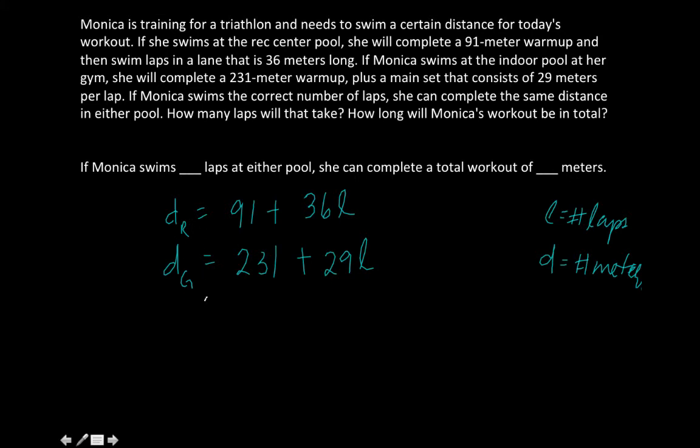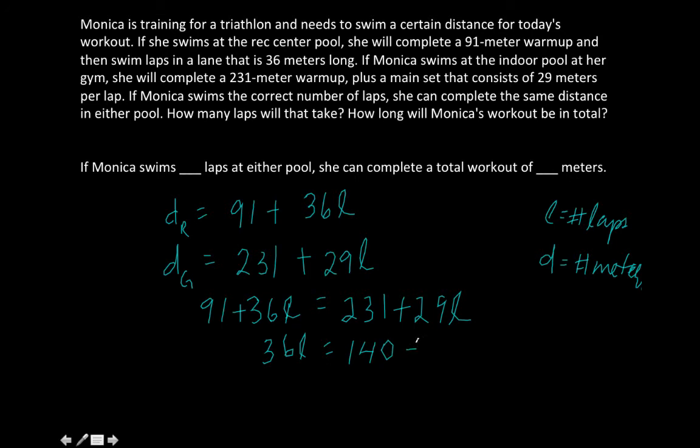So again, we set these equal, so 91 plus 36L equals 231 plus 29L. So subtracting 91, we get 36L equals 140 plus 29L.